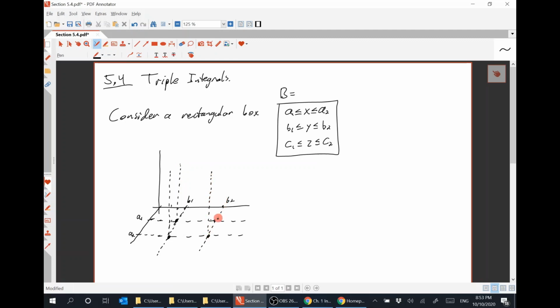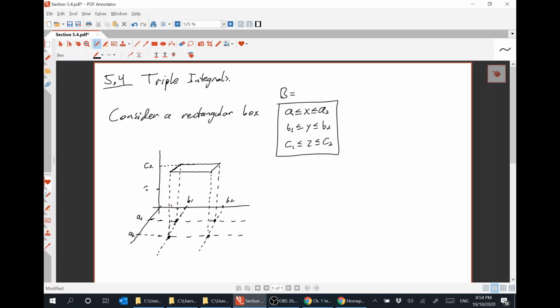And on the z-axis, let us mark off C1 and C2. And up the top here is going to be where C2 is.